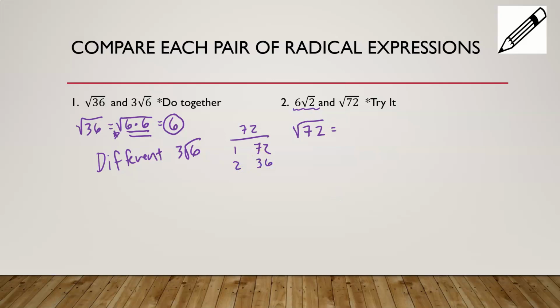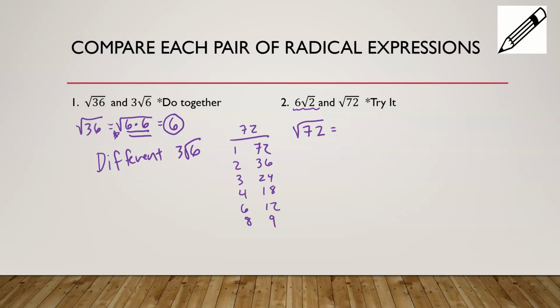I could keep going. It's 3 times 24, 4 times 18, 6 times 12, and 8 times 9. Okay? Remember, I'm looking for those perfect squares.